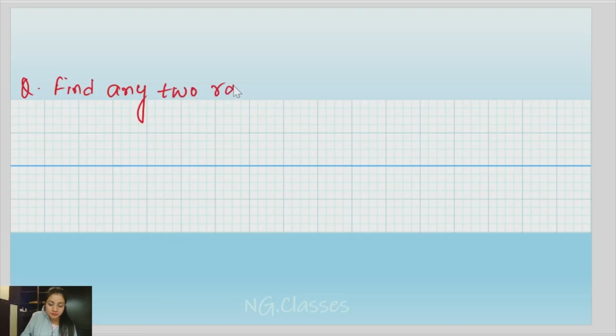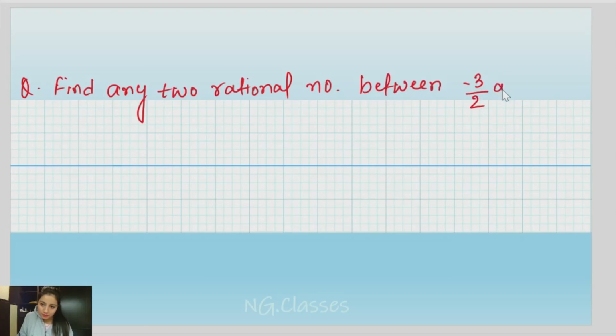And now we'll solve one problem. Suppose our question is: find any two rational numbers between minus 3 by 2 and 5 by 4.